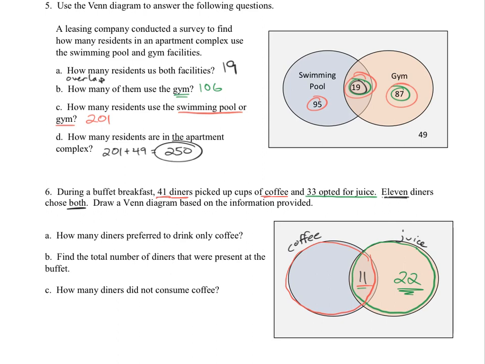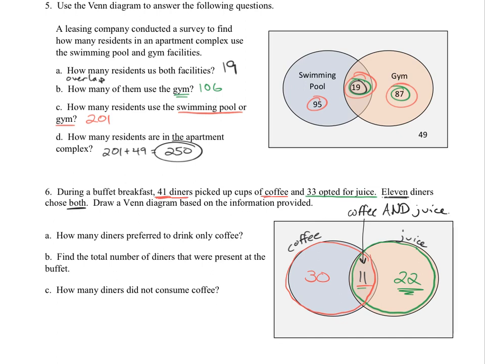That means if we take those 11 people from the 41 we had earlier, we would have 30 diners who just got coffee. So this in the middle would be people who chose coffee and, there's our little logical operator, juice. So then we can answer some questions.